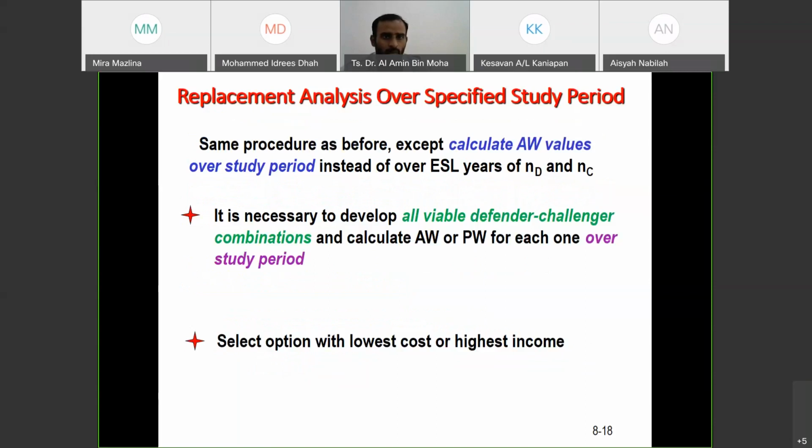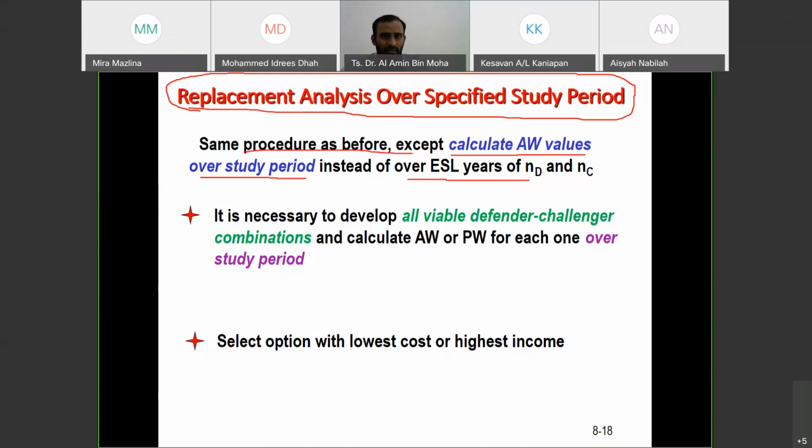So here is replacement analysis over a specified study period. Previously was a not specified study period. It's the same procedure, except calculate AW values over the study period instead of over ESL years.